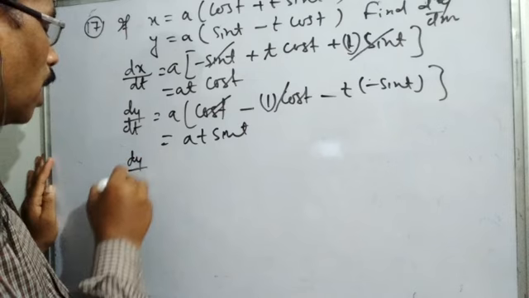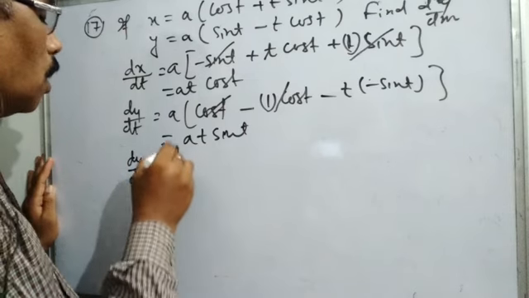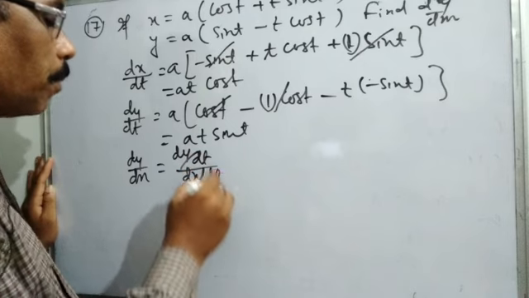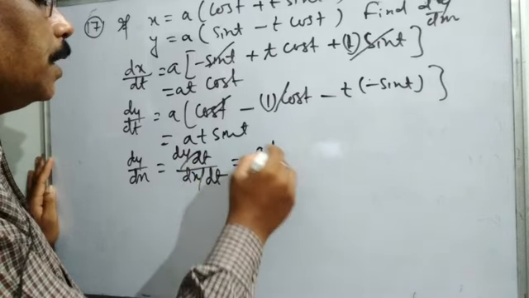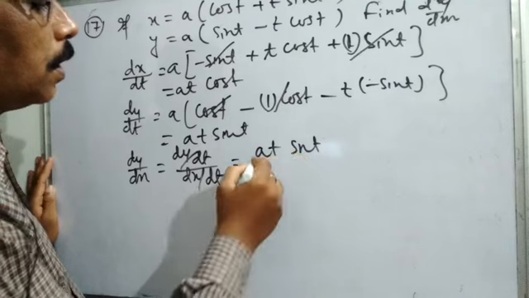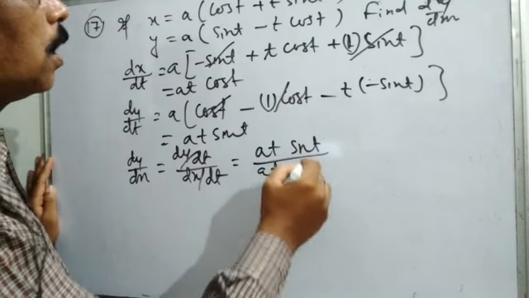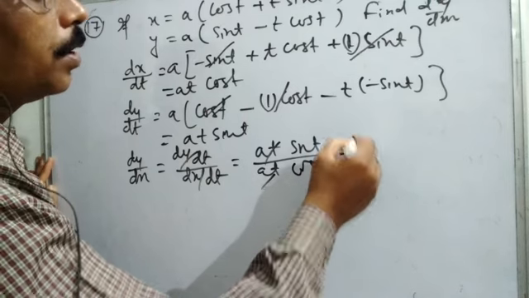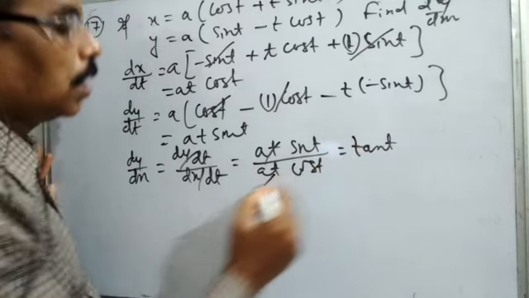So we know dy/dx is equal to dy/dt divided by dx/dt, it will be at sin t by at cos t, at cancels, that is equal to tan t.